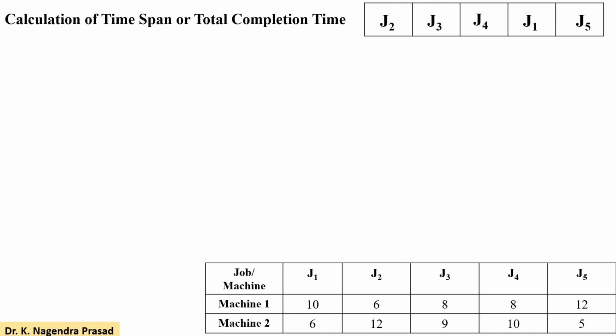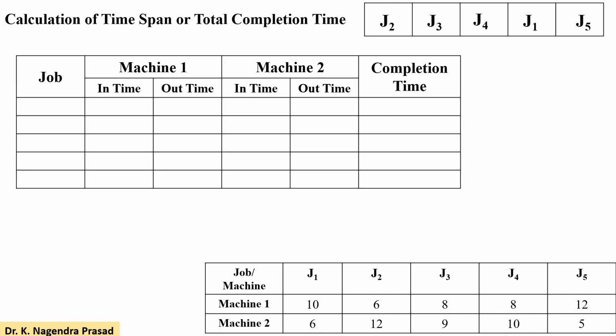Next we have to calculate the time span, or total completion time, for the job sequence J2, J3, J4, J1, J5. For this, first we write down a tabular column. The first column consists of the job. The next column is machine 1 in time, then machine 1 out time, then machine 2 in time, then machine 2 out time, and the last column is the completion time.